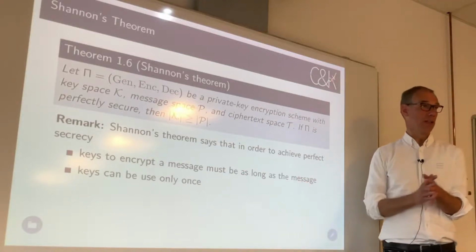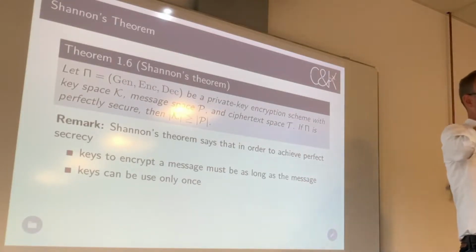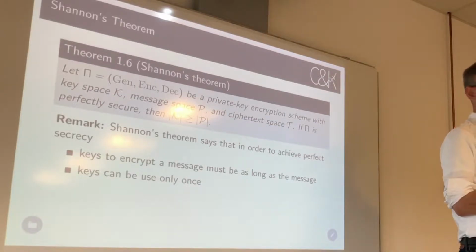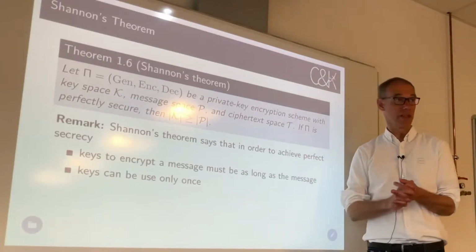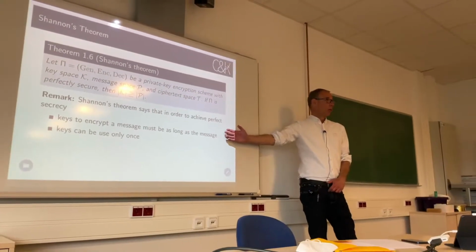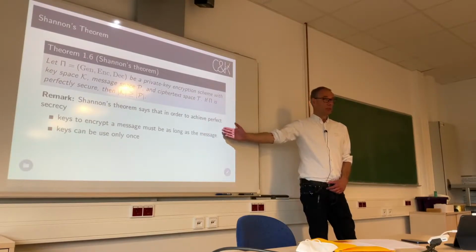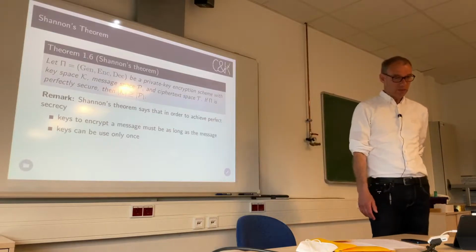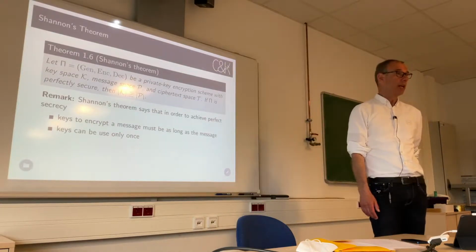And we cannot use the key twice, because then you just basically concatenate the messages, and all at once the key is no longer as long as the message, and that doesn't give you perfect secrecy. Which means that to achieve perfect secrecy, we have to invest a lot, and it's really not practical in most scenarios.